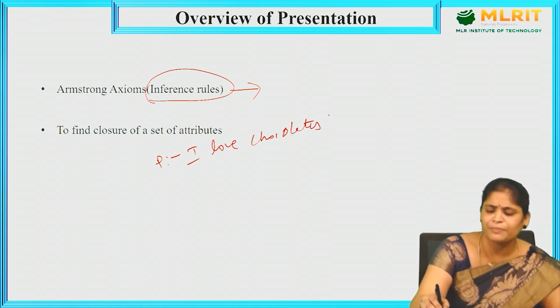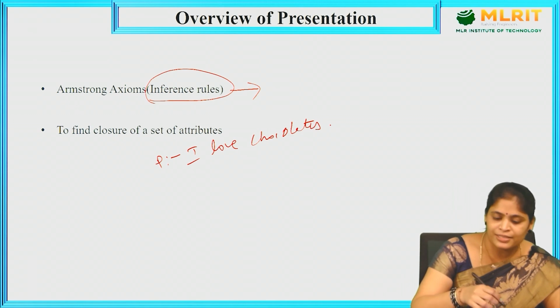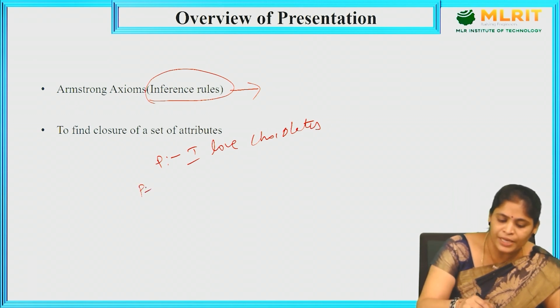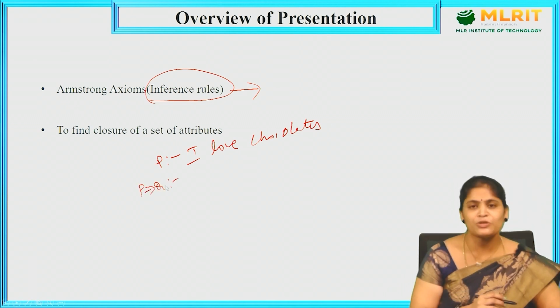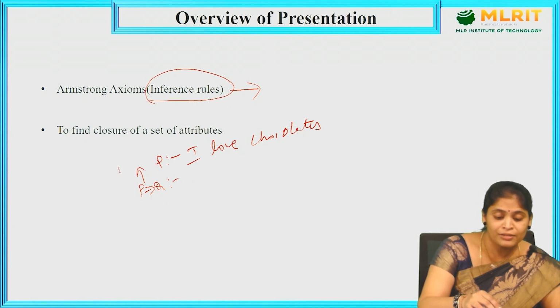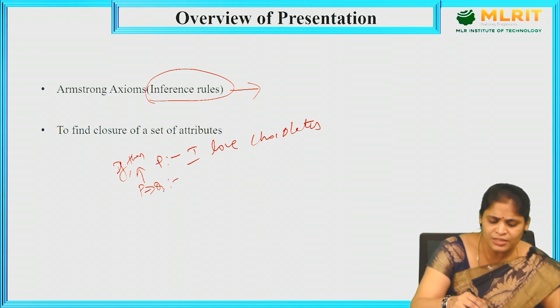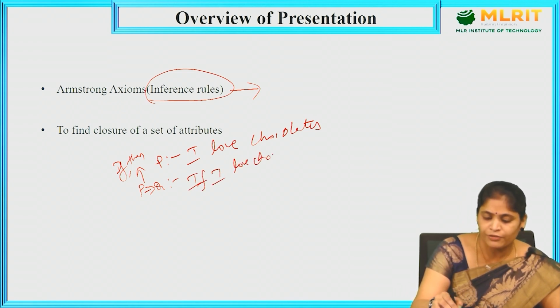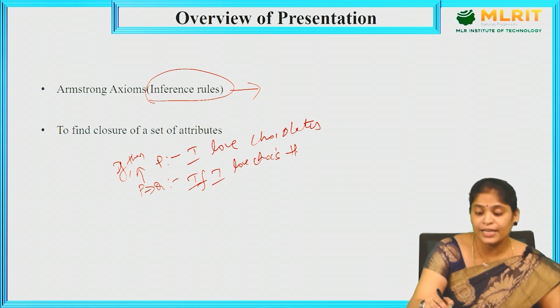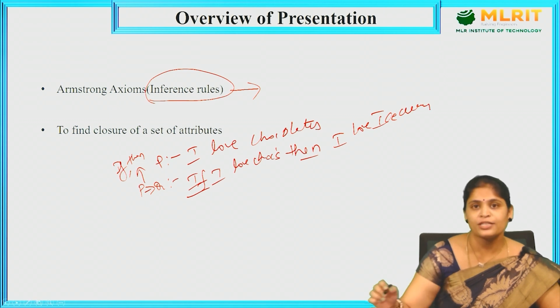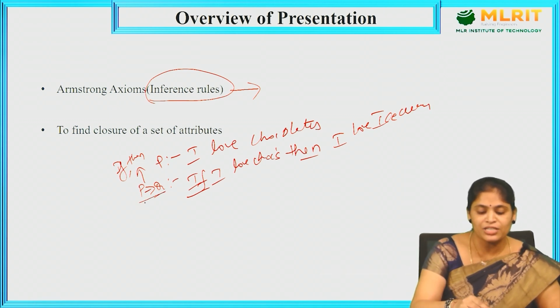Next, P implies Q. That means an if-then conditional statement, an implication. If I love chocolates, then I love ice cream. That is the conditional statement.